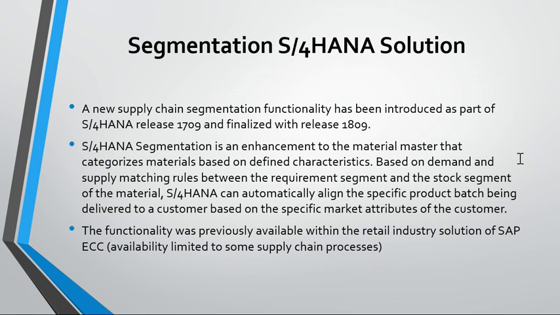Only these two things need to be handled, and the rest of the things will be managed automatically. Segmentation works jointly with the material as well as batch management, and the batch will be at the material level. So let's say, normally for pharma or this kind of industry, we have batch management.